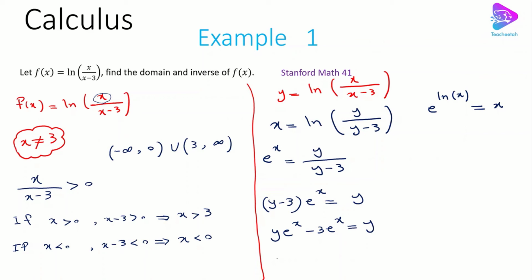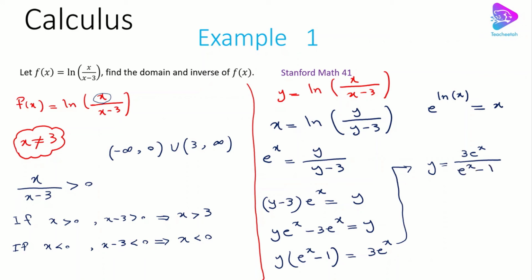Then we can write y e to the power of x minus y equals 3 e to the power of x, and from here we can say y is 3 e to the power of x over e to the power of x minus 1, and y is basically f inverse of x. So this is 3 times e to the power of x over e to the power of x minus 1.